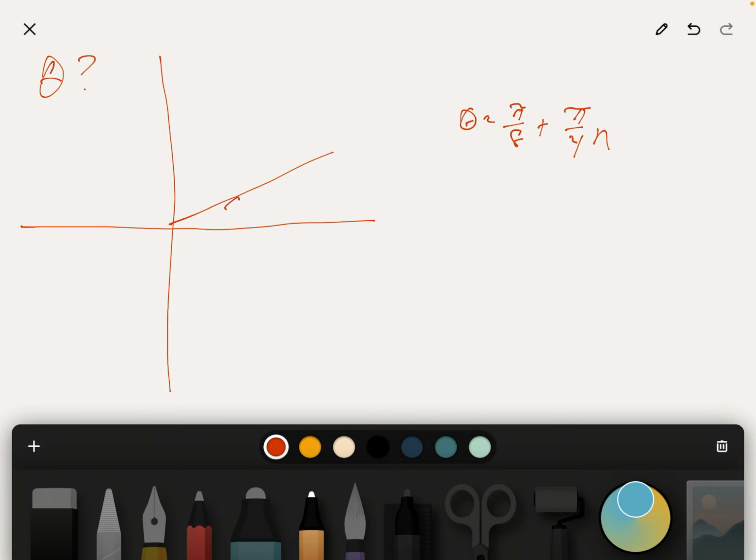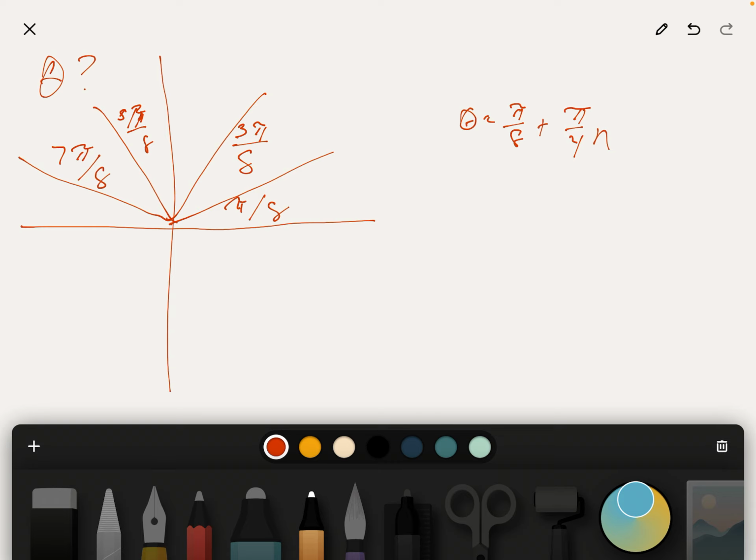Well, we could do pi over 8. We could do 3 pi over 8. We could do 5 pi over 8. We could do 7 pi over 8.